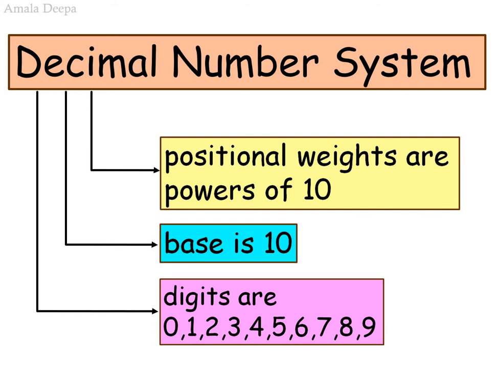The digits are 0 to 9. The total number of digits is 10. The base is 10. The positional weights are powers of 10. The name of this number system is decimal number system. Deci means 10.